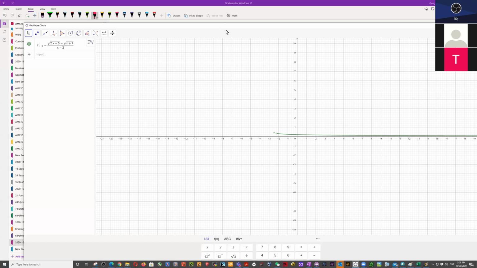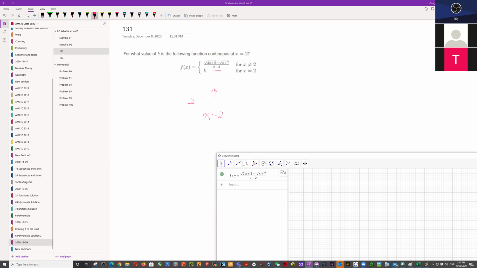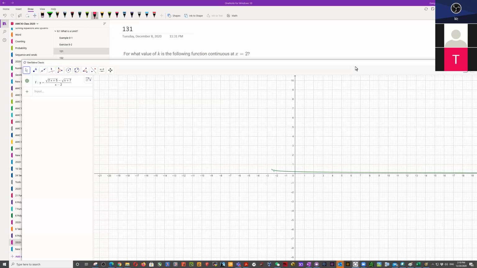So why does this happen? In this case, at x equal to 2, it does have a continuous value. So how are we going to deal with it? In the normal case, this would cause a singularity and go to infinity, but here it doesn't go to infinity.